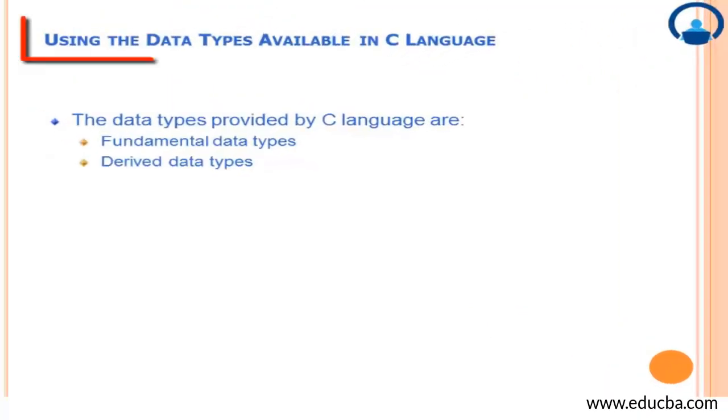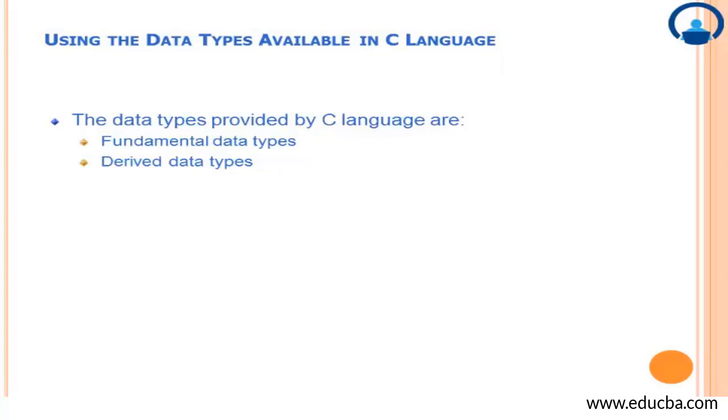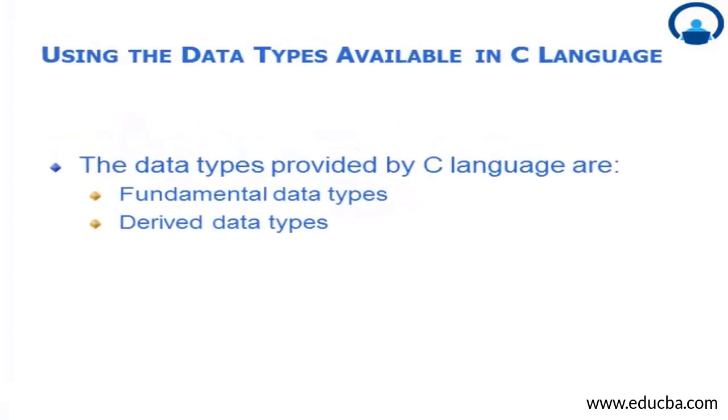Today we are going to learn what are the different data types available in C language. Basically, you can see on the screen there are two types of data types available: fundamental data types and derived data types. What are fundamental data types?